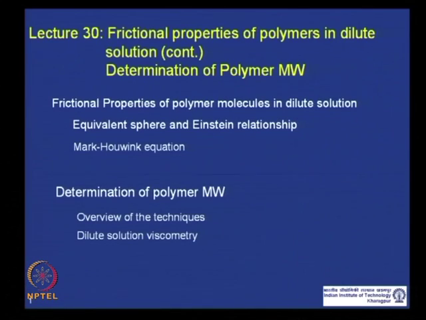Welcome back in this course on polymer chemistry. In this lecture today we are continuing our discussion, left over from last lecture, on frictional properties of polymers in dilute solution, and then we will begin a very important discussion on polymer characterization, which is basically how to determine polymer molecular weight.